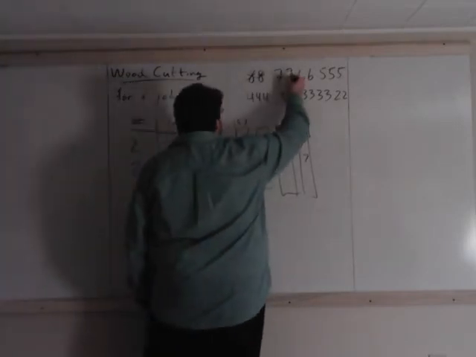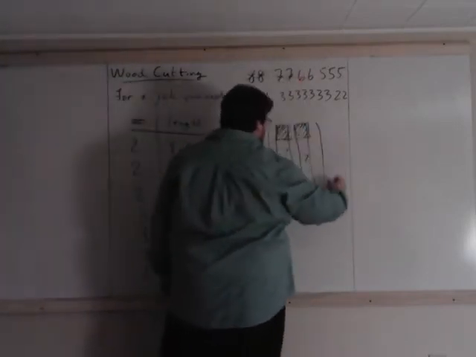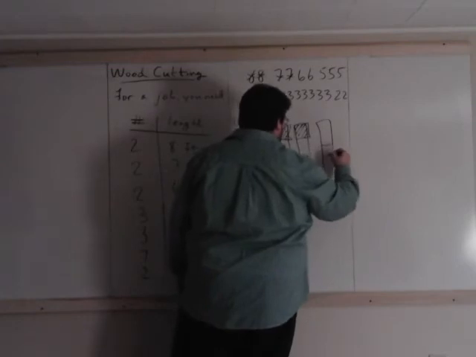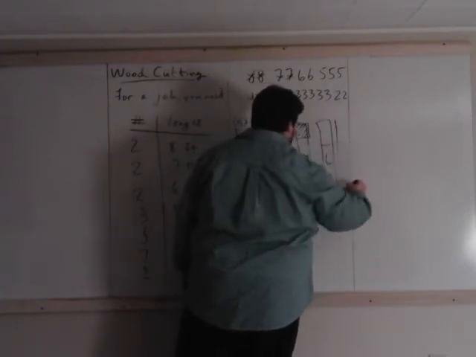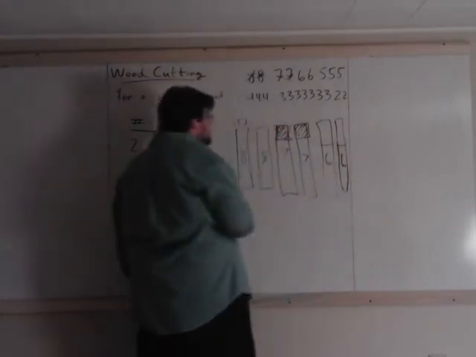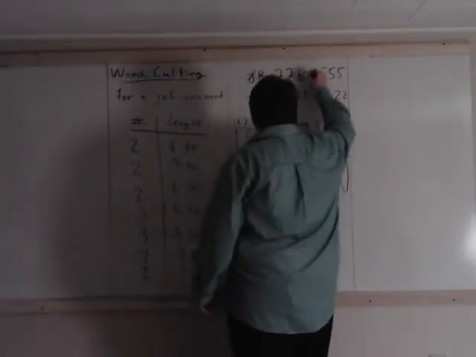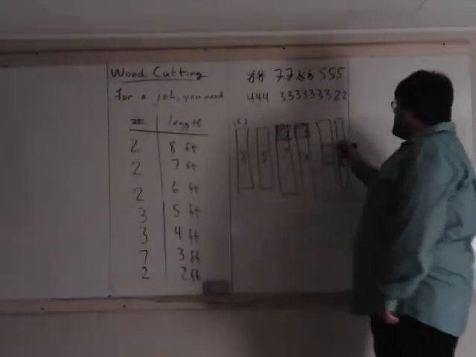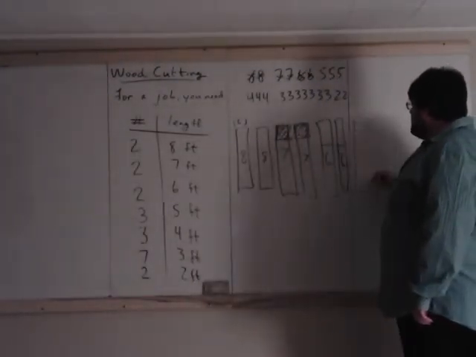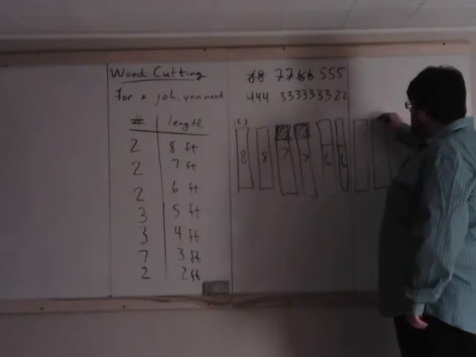Now what about these 6-foot boards? Well, we need new boards for them. So there are 2 6s. Now we have 3 5s. 5s can't fit there, so we need new boards for these.